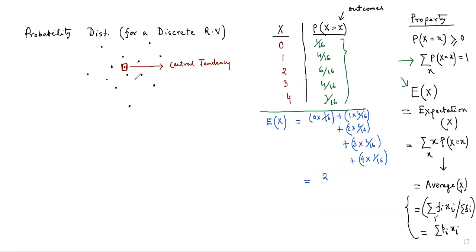But at the same time, we are also interested in finding how much the other points are scattered from this central tendency, this unique value, which in my case is the expectation. So we are interested in finding the distance of these points from this unique number.